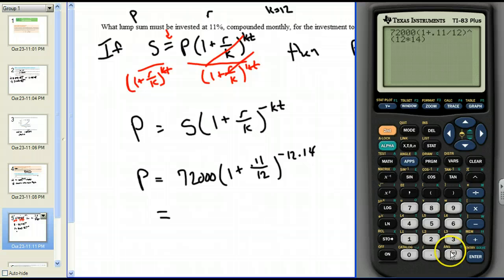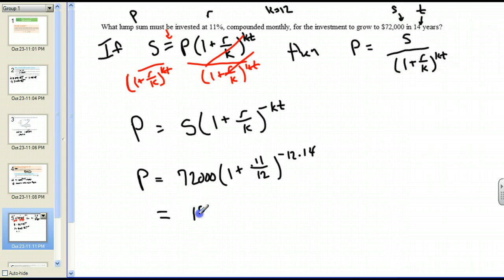Insert, if you leave it off for a second, insert will let you stick it back in there. And then enter. So that means we have to put in $15,544 and 11 cents. Don't forget those 11 cents because they make all the difference. This is what I have to put in there to get $72,000 after 14 years.